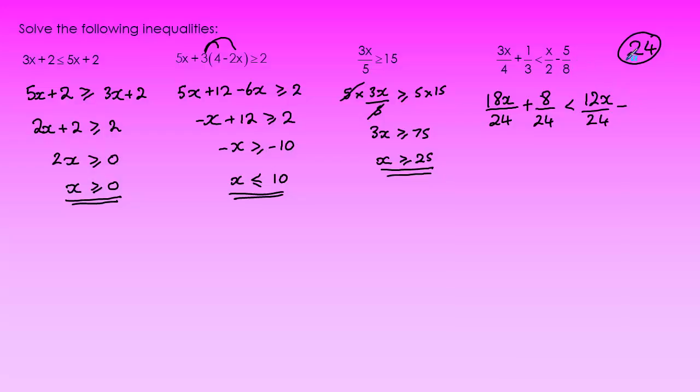And 8 times 3 is 24, so this one is 15 over 24. Then we can multiply right through by 24, giving us 18x plus 8 is less than 12x take away 15. Multiplying through by 24 gets rid of all of the denominators.